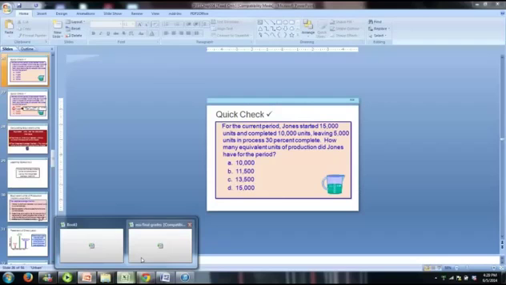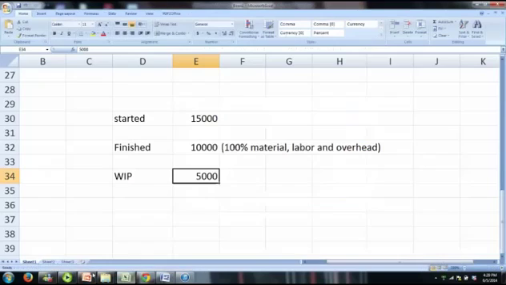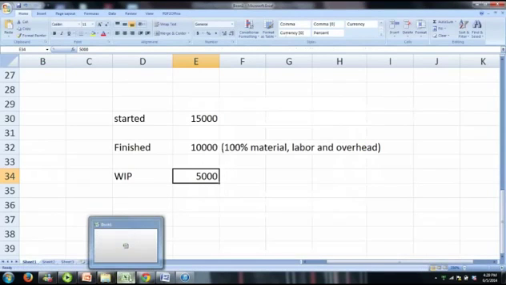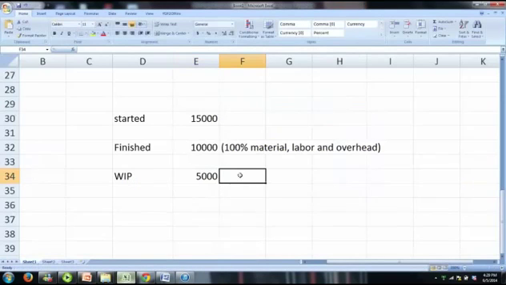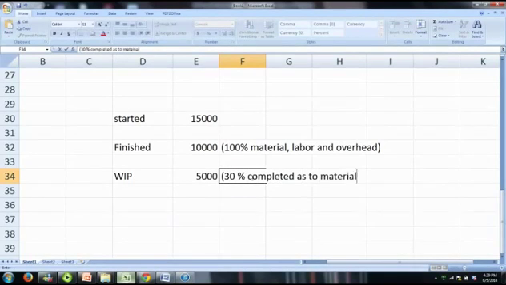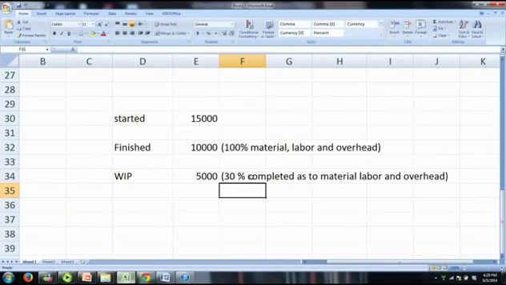So now this 5,000 units is 30% completed as to material, labor, and overhead. The reason I am emphasizing this point is because you're going to see in the next session that sometimes how much it's completed as to material is different than labor and overhead.